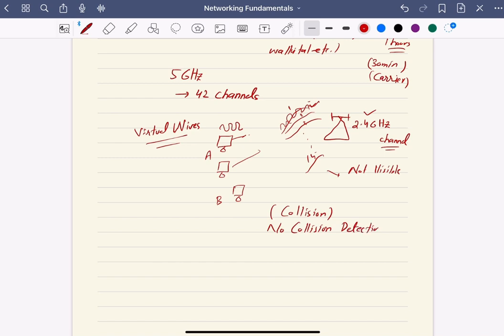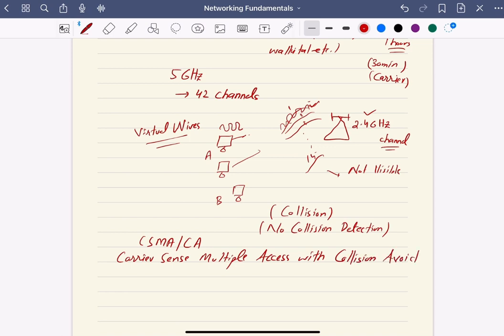So how can we avoid it? We can use the CSMA/CA collision avoidance method. CA, so it is carrier sense multiple access with collision avoidance. And how do we avoid it? Very simple. Let's say computer A wants to send data on channel 1.